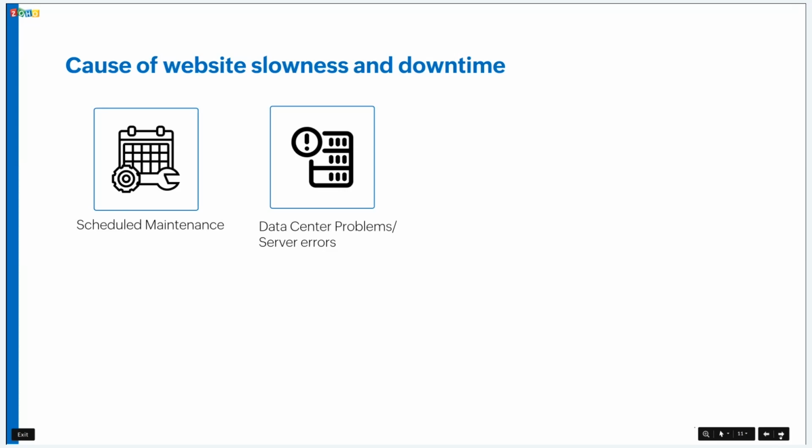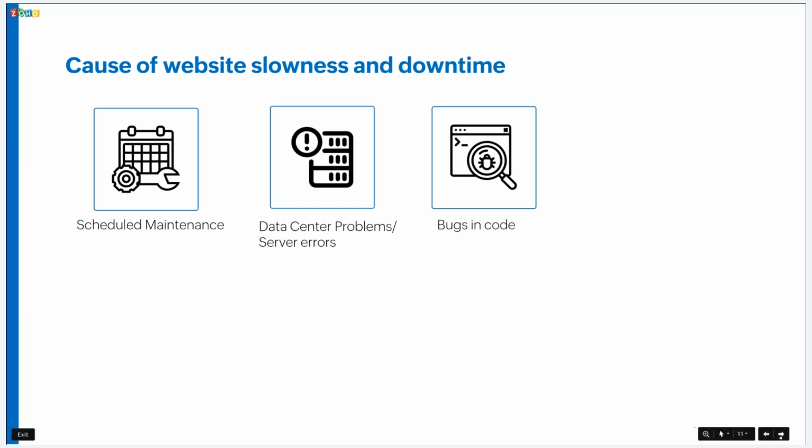Next are data center problems and server errors. If there is a data center problem or a server error, the request from the user may not even reach the server. Bugs in code. These bugs may cause errors and prevent the site from loading, or might also cause slow loading.